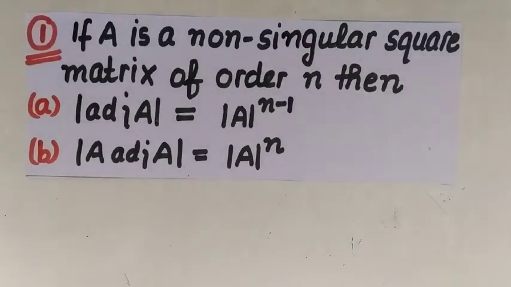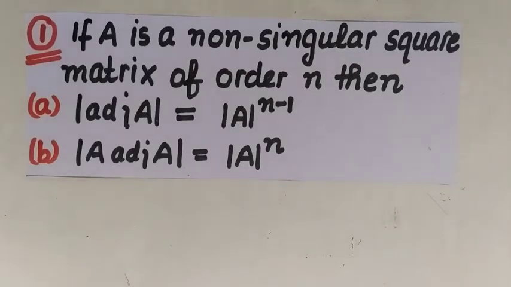So students, according to this property, if A is a non-singular square matrix of order n, then determinant of adjoint of A will be determinant of A raised to power n minus 1, and determinant of A into adjoint of A is equal to determinant of A raised to power n. So students, it's a very important property, and based on this property, questions may come in exam.